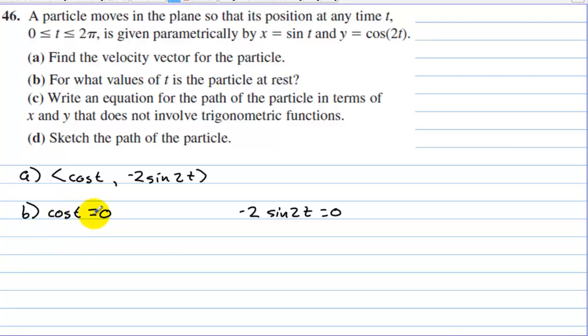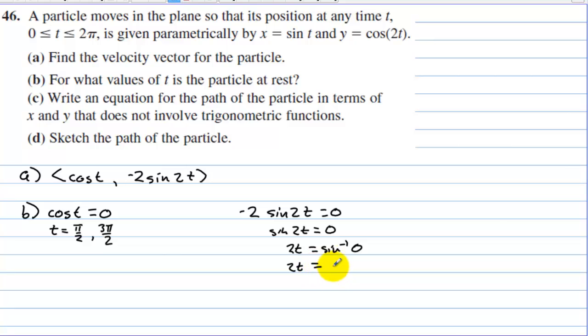Well, cosine of t is 0 at t equals pi over 2 and 3 pi over 2. That's where cosine is 0 from 0 to 2 pi. On this one, we can divide both sides by negative 2, and we get sine of 2t equals 0. We get 2t is equal to inverse sine of 0.